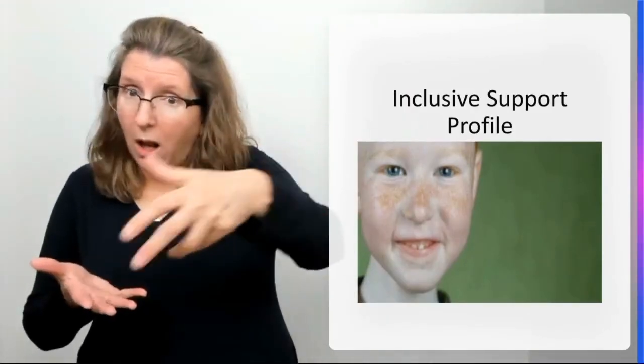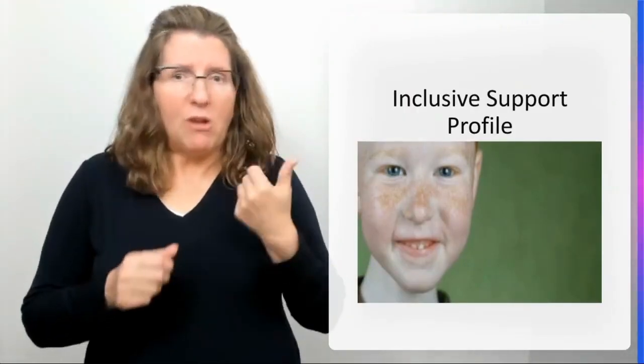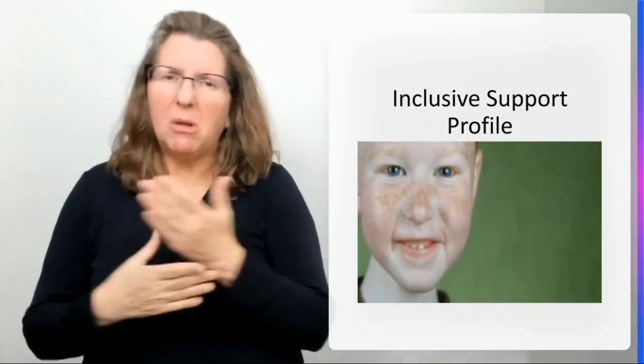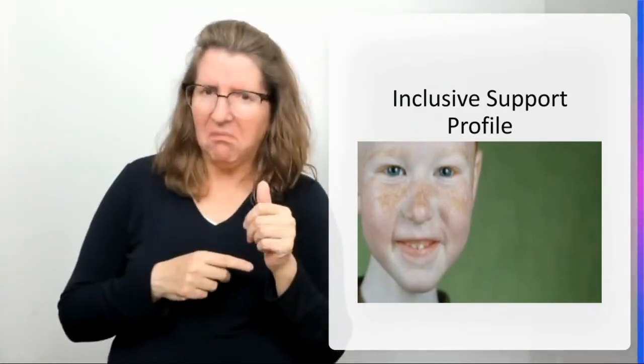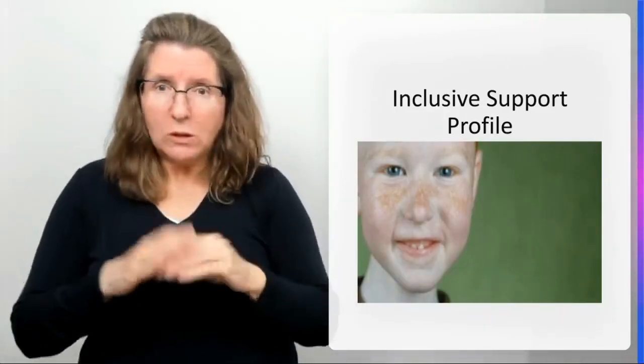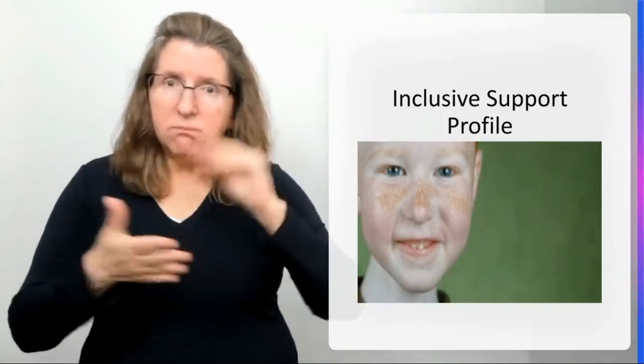So now that we have gathered all this information, we don't need a huge long list of his learning characteristics. Let's just keep it basic and look at the 8 or 10 we have listed. Now we'll move on to build an inclusive support profile.